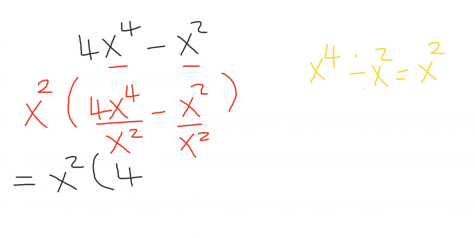So we have an x squared there. Then we have a 1 here, and a 1 here. So 1 divided by 1, we get a 1. Then x squared cancels the x squared, because the numerator and the denominator are the same, so they cancel out.